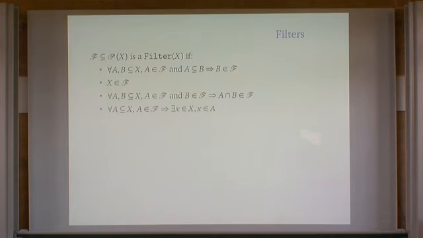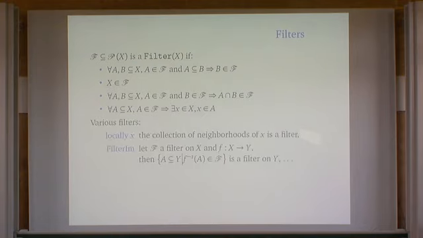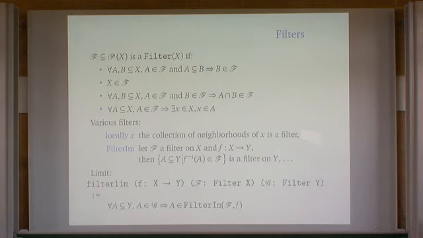The topology is based on Bourbaki's book, and I first defined the notion of filter, which is a collection of subsets, and I define many ways to have filters, such as the collection of neighborhoods of a point, or the image of a filter, and using that I can define the notion of limit, and the usual meaning of the limit is a number x such that g is taking values locally x.